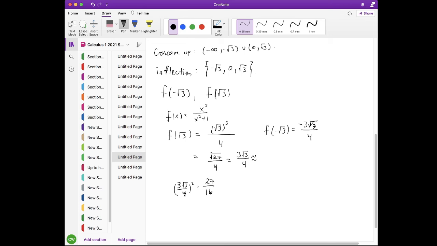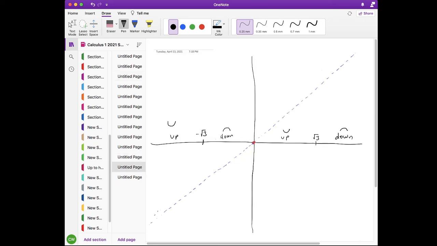So this thing is bigger than 1. All right, so let's say this is 1. It's somewhere around here. Let's call that the point.